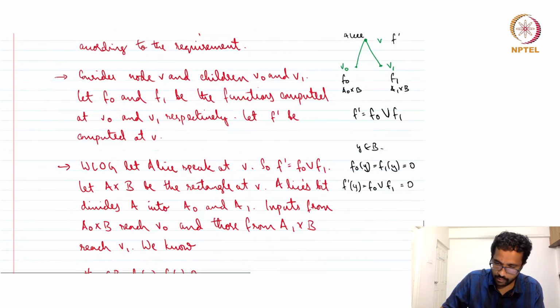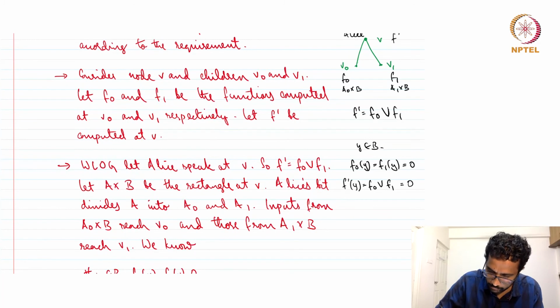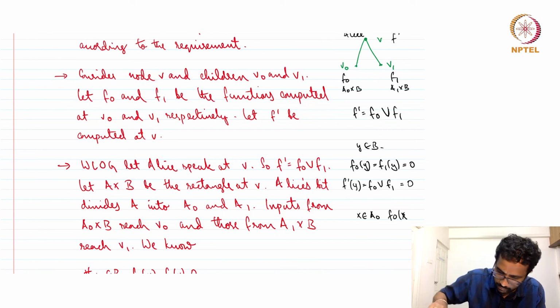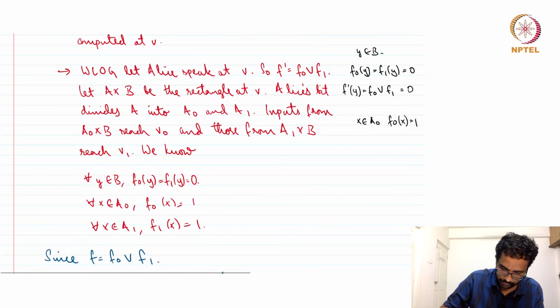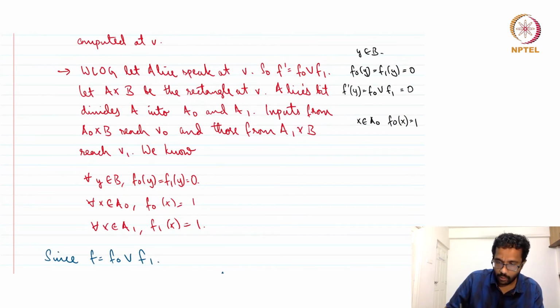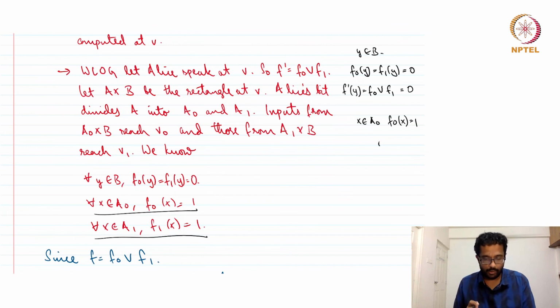Okay. And what more do we know? We know that for all X in A0, F0 of X is equal to 1. In fact, I think I have written this in the bottom. And for all X in A1, F1 of X is equal to 1.